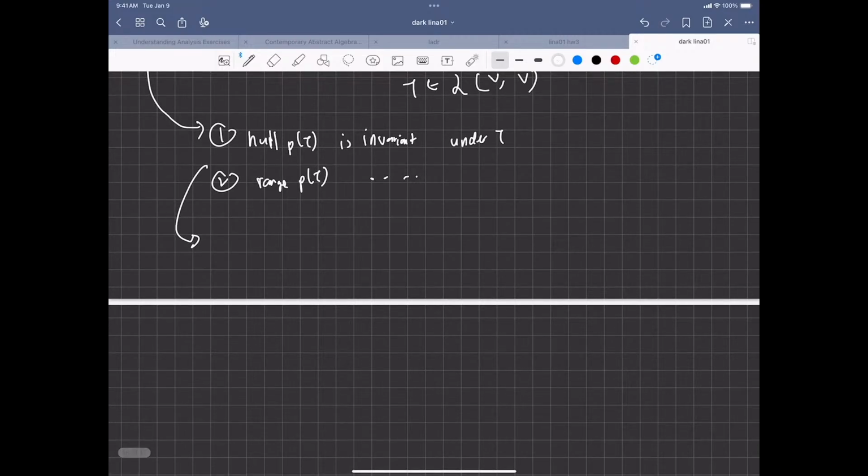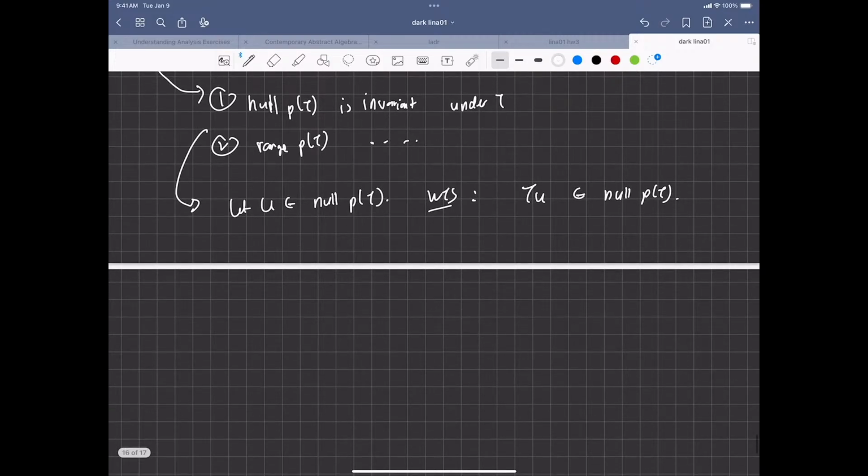First of all, we let u be a vector in the null space of P of T. We want to show that T of u also lies in null P of T. How do we do so? What we want to first observe is that P of T, this operator, applied to this is a vector.